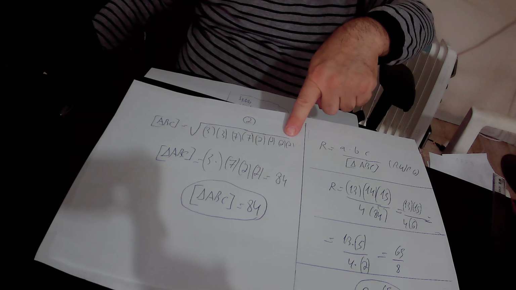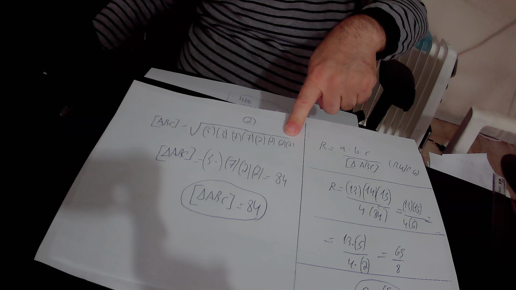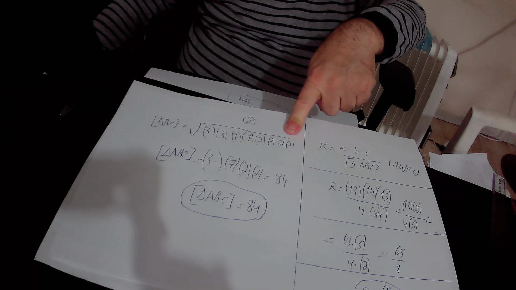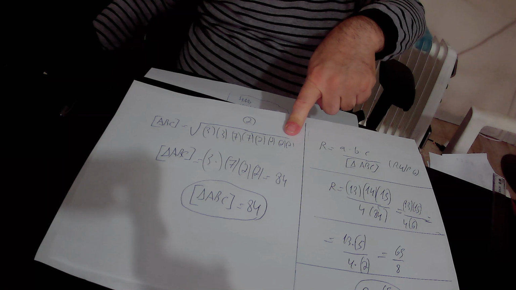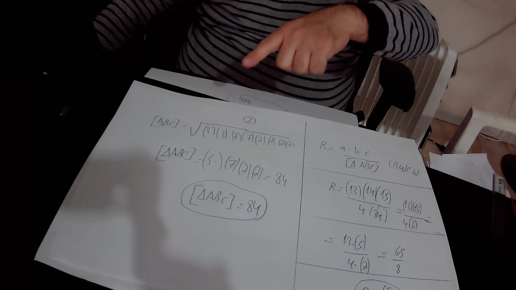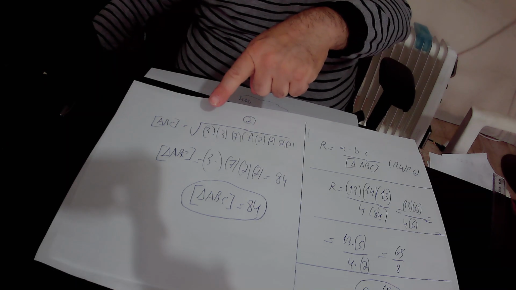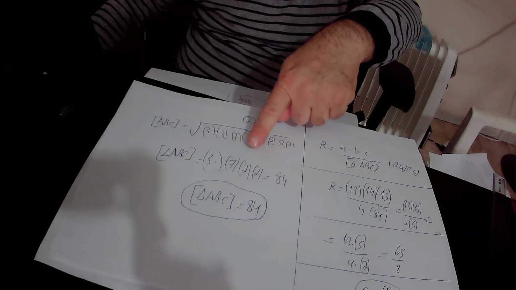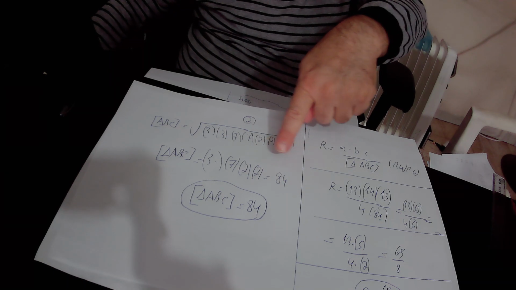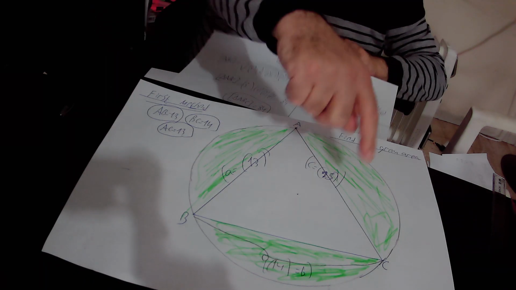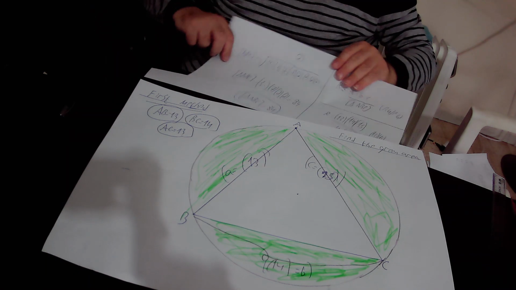Again, the square root of 2 times 2 is 2. So the area of triangle ABC is equal to 3 times 7, that is 21, 21 times 2 is 42, and 42 times 2 is 84. So in total the area of this triangle ABC equals 84 square units.